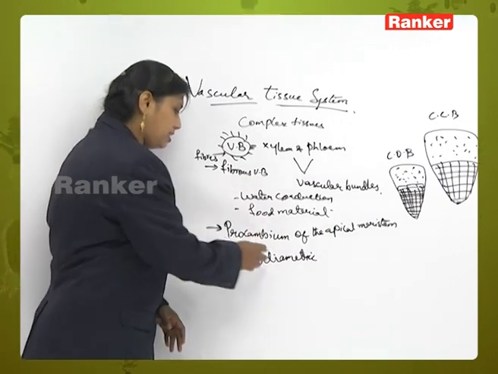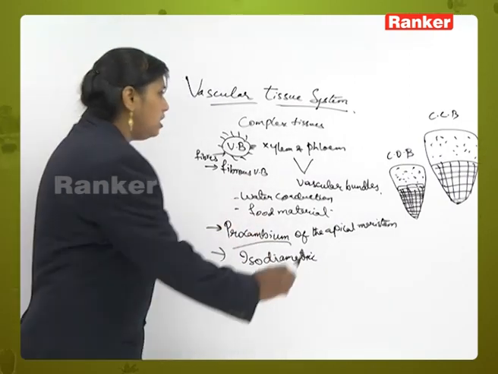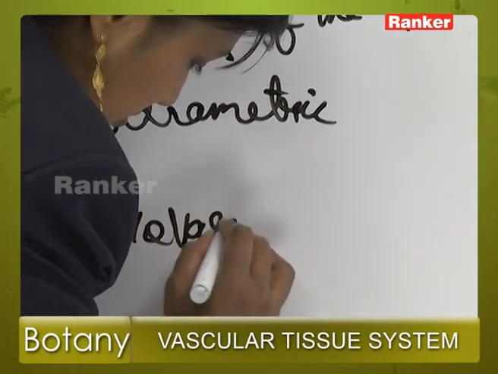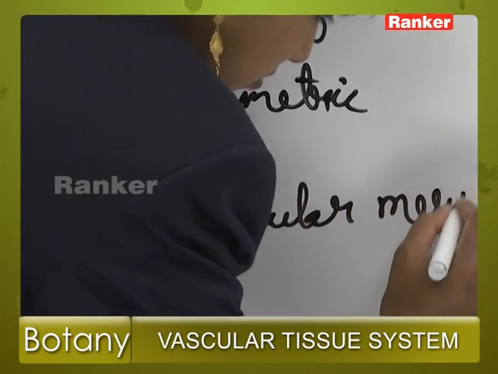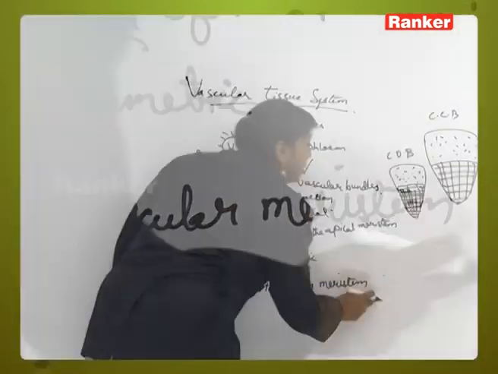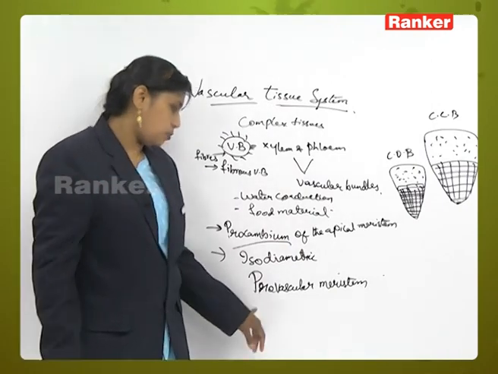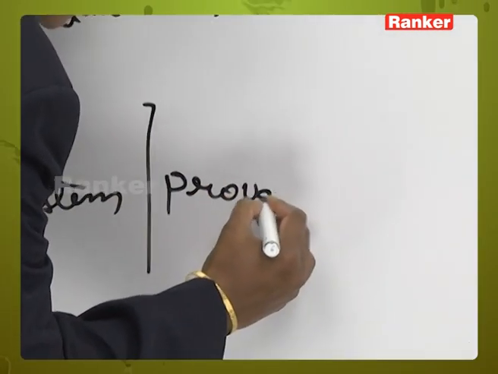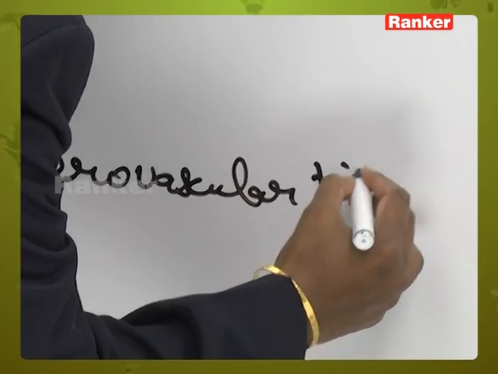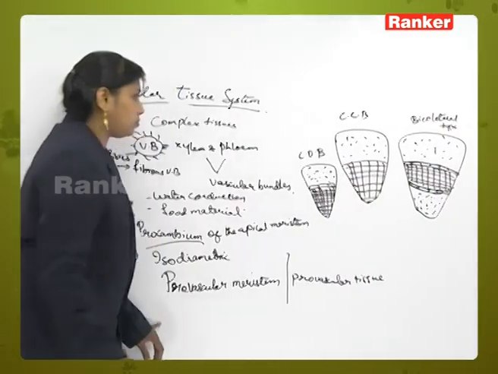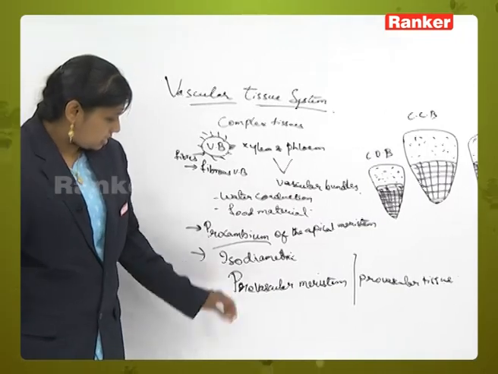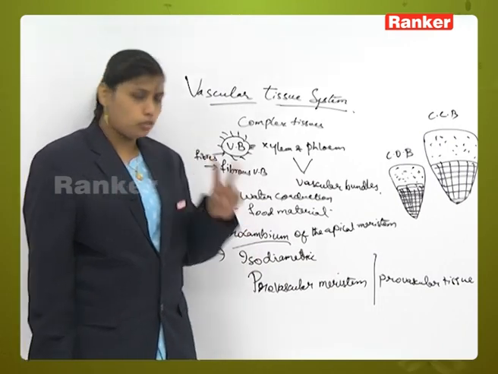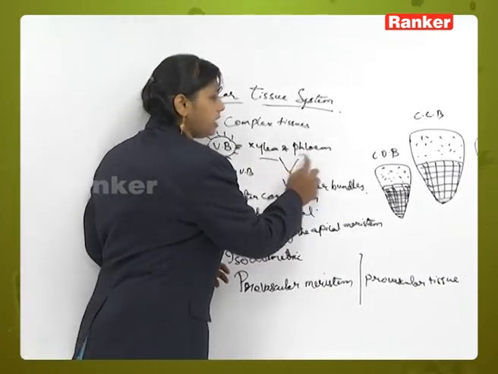Now these procambial cells are also called provascular meristem, or provascular tissue. At the initial stages, this provascular meristem or provascular tissue, otherwise called procambium, is differentiated into two parts. Those two parts are nothing but xylem and phloem.